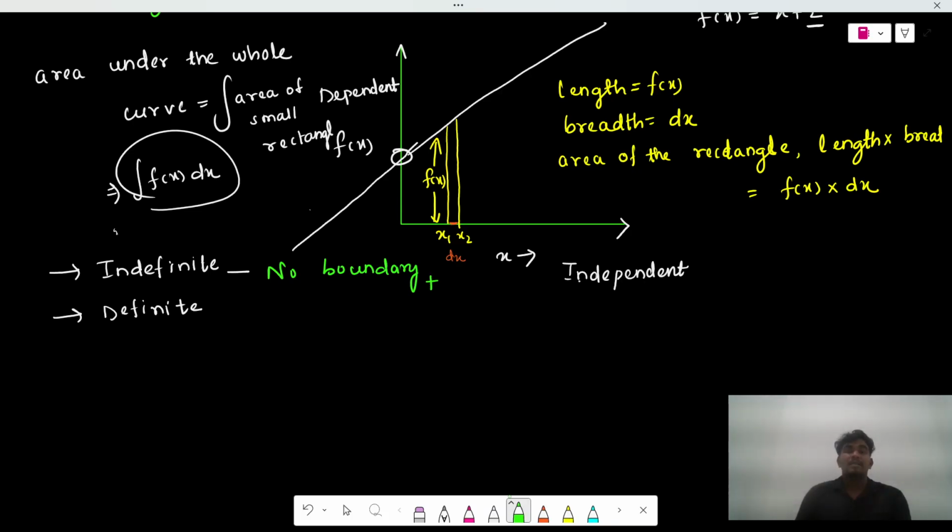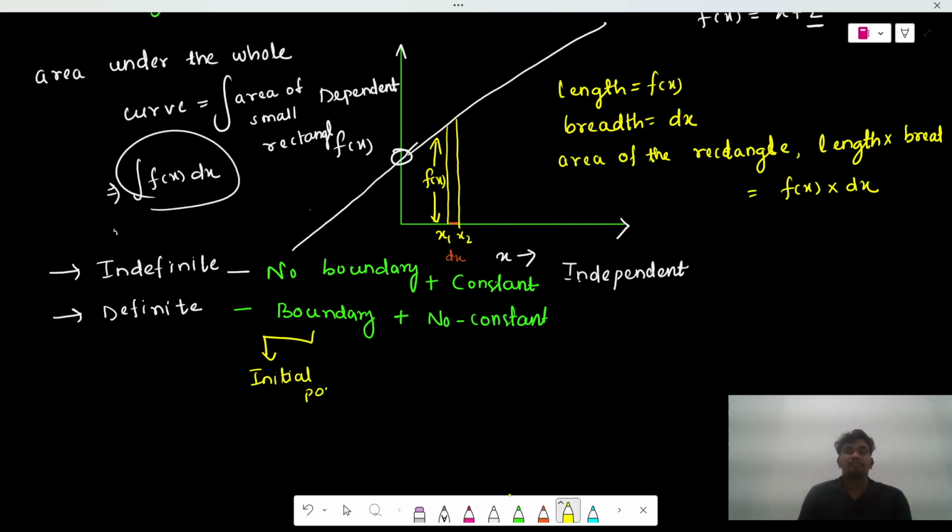Here, there is an extra term which is known as the constant. But in definite integration, there is a boundary and no constant. What is the meaning of boundary? Boundary means there will be an initial point and a final point.